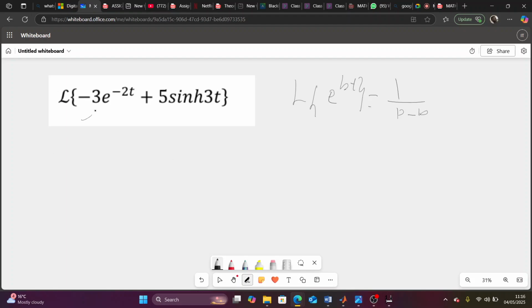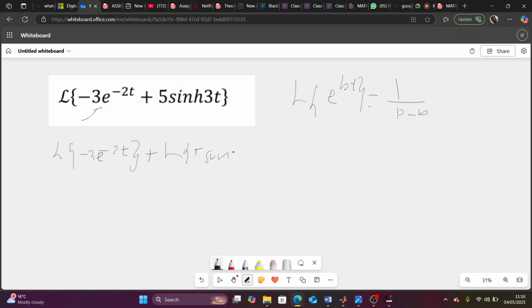If you want to apply this here, you'll have minus 3 exponential. No, we no longer put the exponential. First of all, in Laplace, you can split this, like integration. You can write it like this, but you don't really have to.